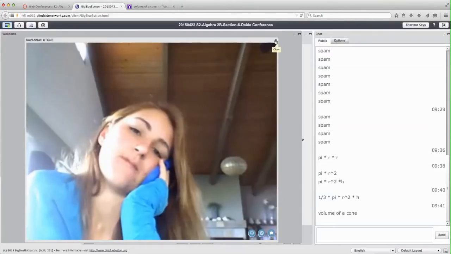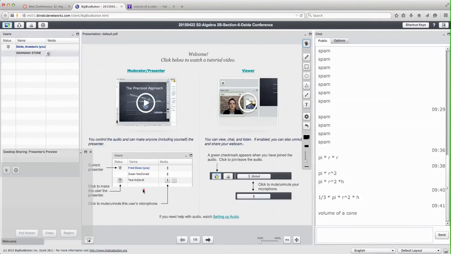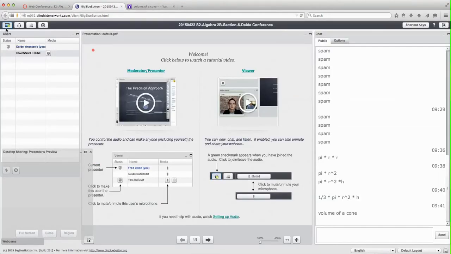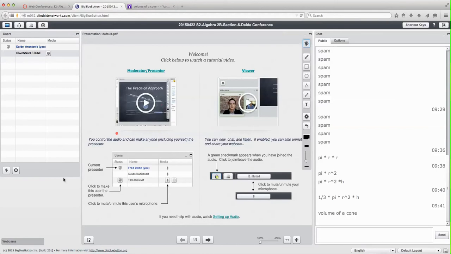Okay, hold on. You can't see the desktop sharing. It says I'm sharing it. Actually, I don't see it either, so maybe I'm not. Why don't I guide you through this instead? Turn your webcam back on.